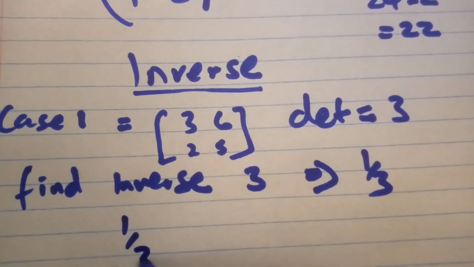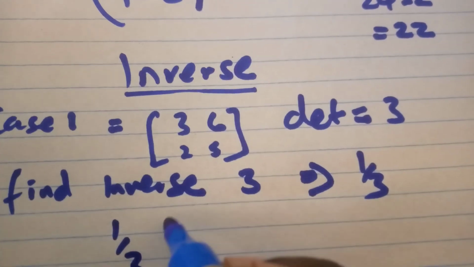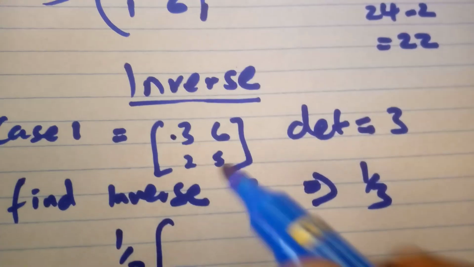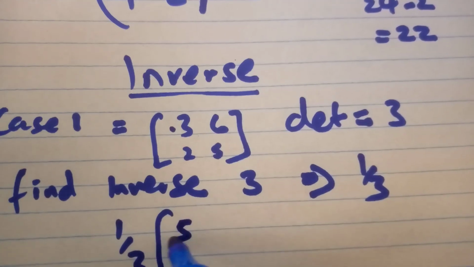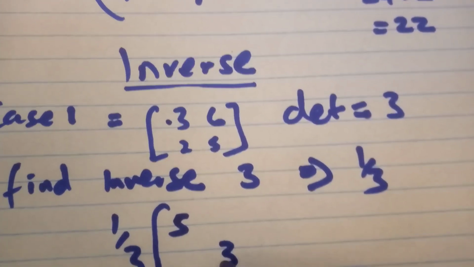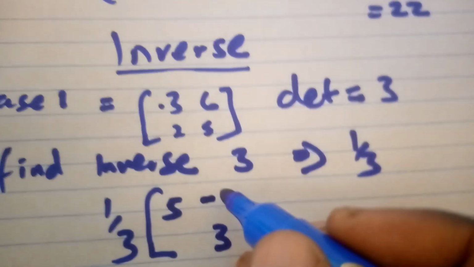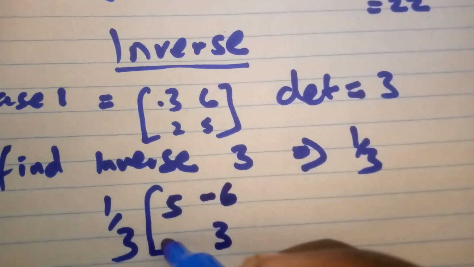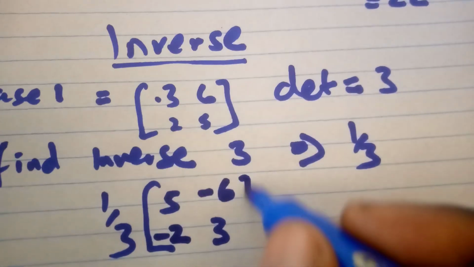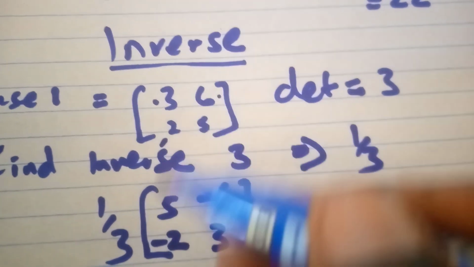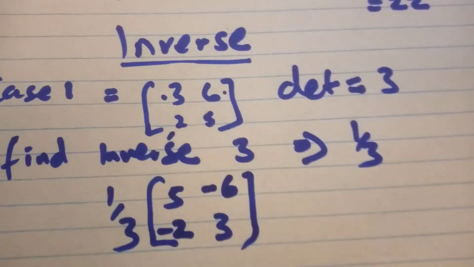So that is 1 over 3 multiplied by this: this comes here and this comes here, they're going to interchange, 5, 3. And the other diagonal, the sign is going to change. It was positive, so it has changed to negative.